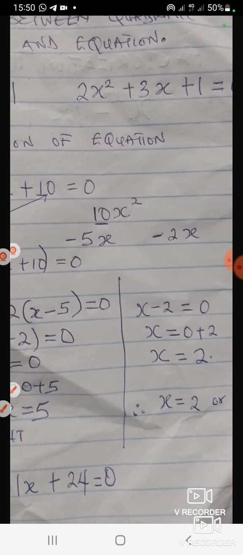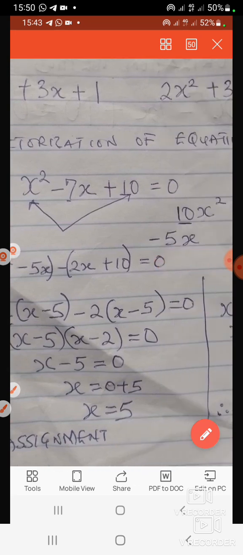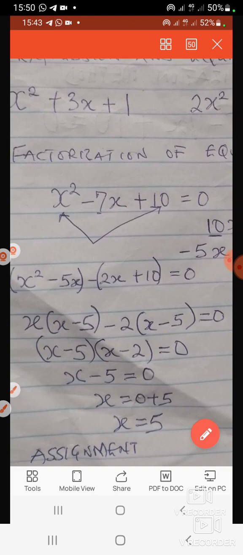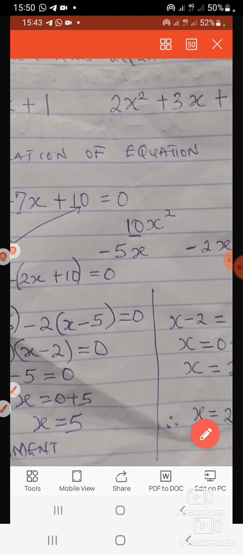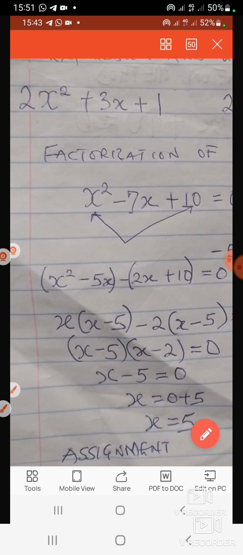The whole idea is for us to have the 10x squared back, but we want to replace minus 7x without changing anything. So minus 5x minus 2x will fit into minus 7x. So that's why we now have x squared minus 5x minus 2x plus 10.